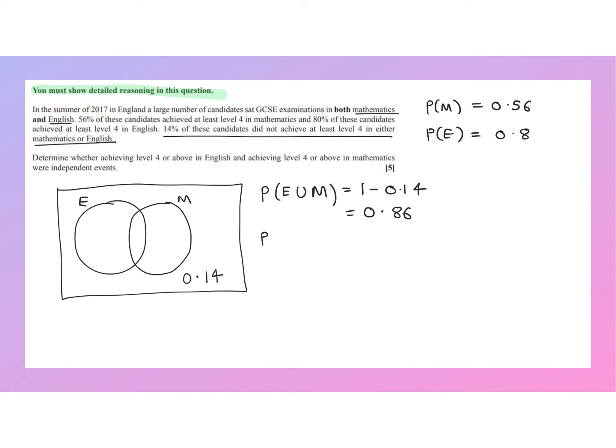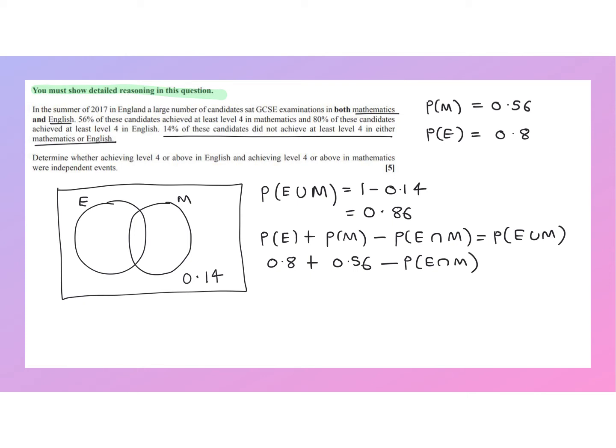And the addition law tells me that the probability of E plus the probability of M minus the probability of E and M, or E intersection M, is equal to the probability of E or M, the addition law. So 0.8 plus 0.56 minus the probability of the intersection, i.e. getting level 4 or above in maths and in English, must equal 0.86, and we can rearrange this to work out the probability of the intersection, E and M, which comes to 0.5.